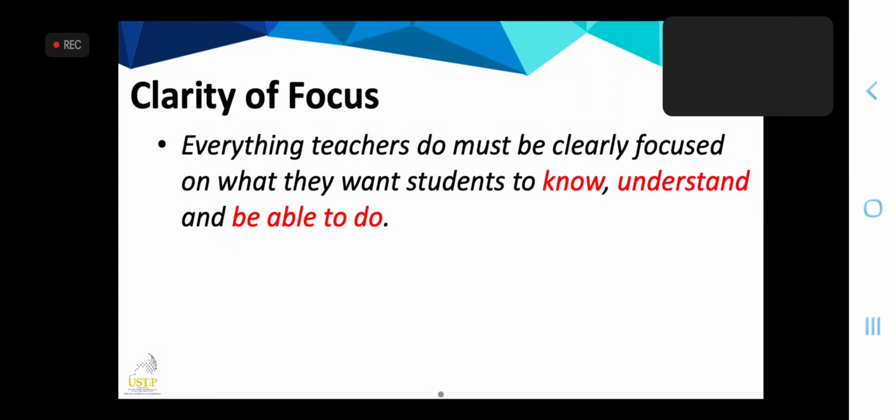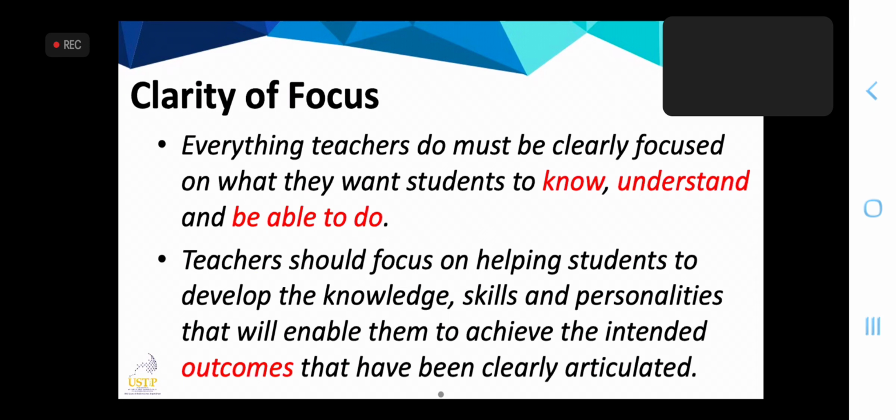No more additional inputs, no more flowers and butterflies that are not relevant to the learning exercise. Teachers should focus on helping students develop the knowledge, skills, and personalities that will enable them to achieve the intended outcomes that have been clearly articulated. We'll define outcomes in a short while. So it should be clear: teacher, what do you want to demonstrate?